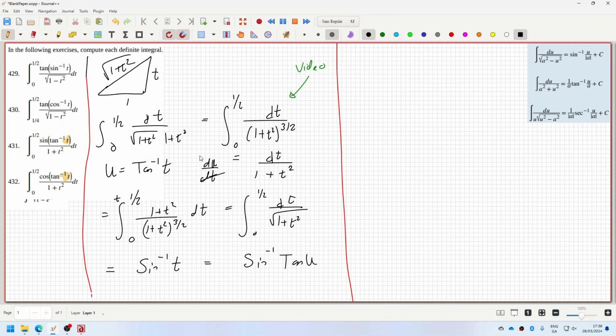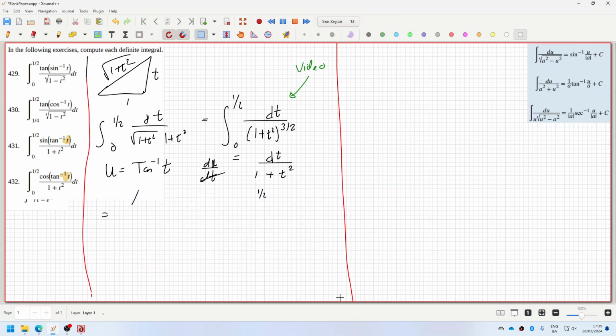Right? No, what have I? u equals tan inverse t. No, I'm sorry, I confused myself. I'm trying to get it into the terms of u. Okay, sorry.